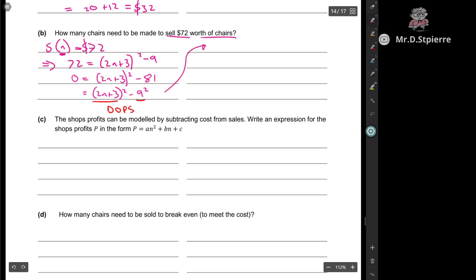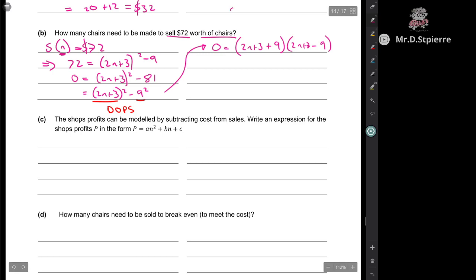So that can be written as 0 equals the first square, 2n plus 3, plus the second square, 9, and then the same bracket, 2n plus 3, take away the second square, 9.